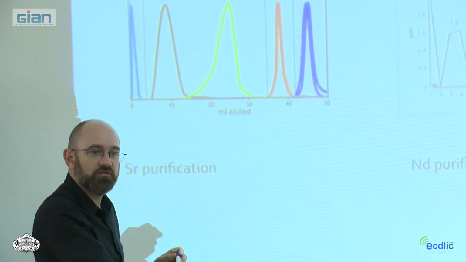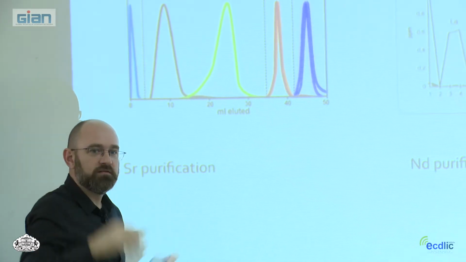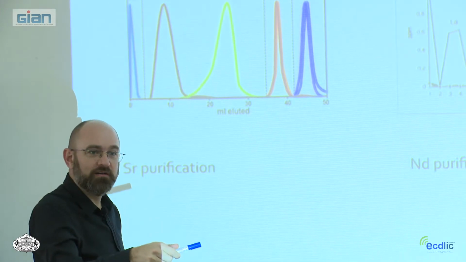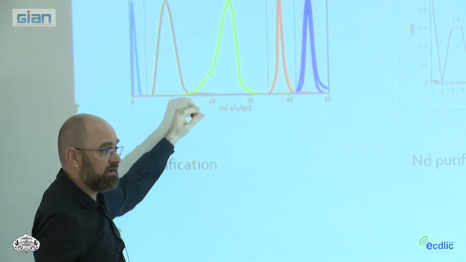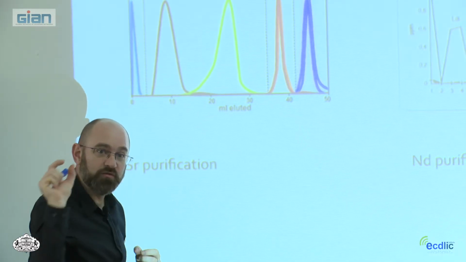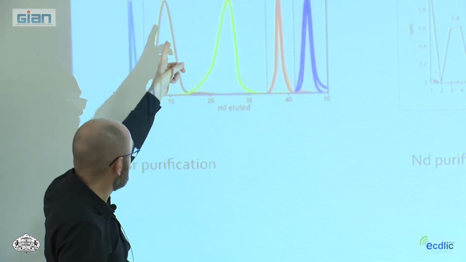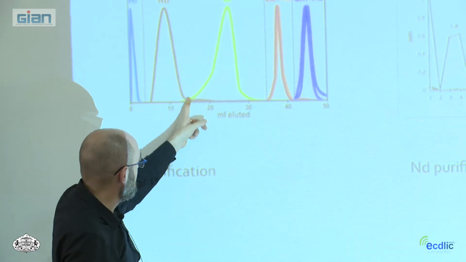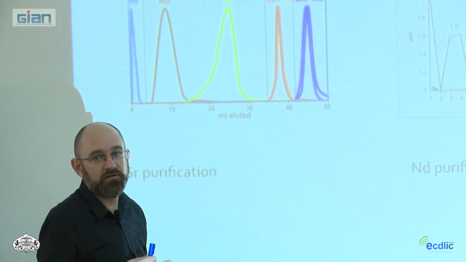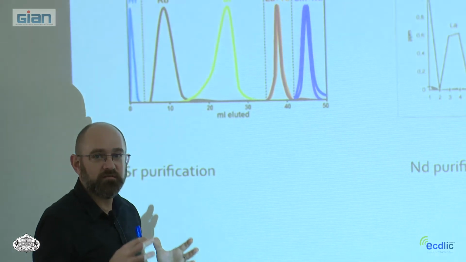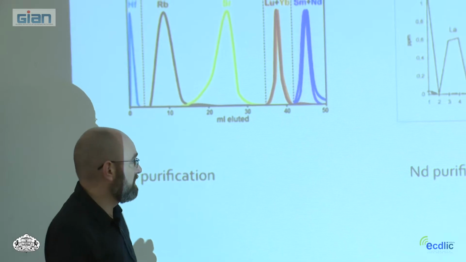So I put my trash, I put my 15 milliliters, I wait, I have a coffee, I come back, and then I reach this level, then I remove my trash and put my specific beaker for strontium under my column. I continue to add 1.5 molar HCl, and between 15 and 30 milliliters, only the strontium is falling down. This is my purification protocol globally. There are many ways, okay, but this is one of the protocols.